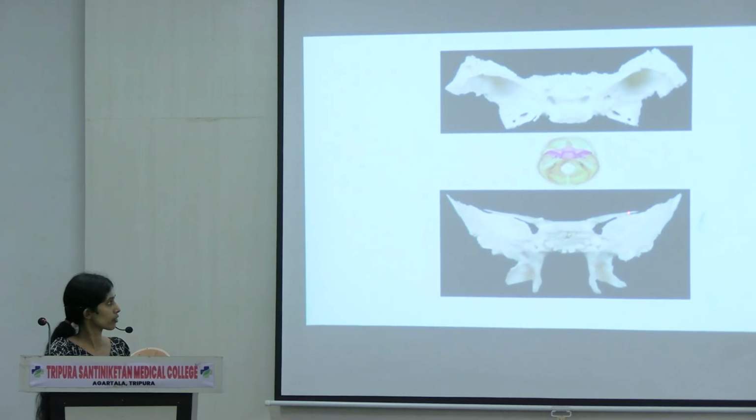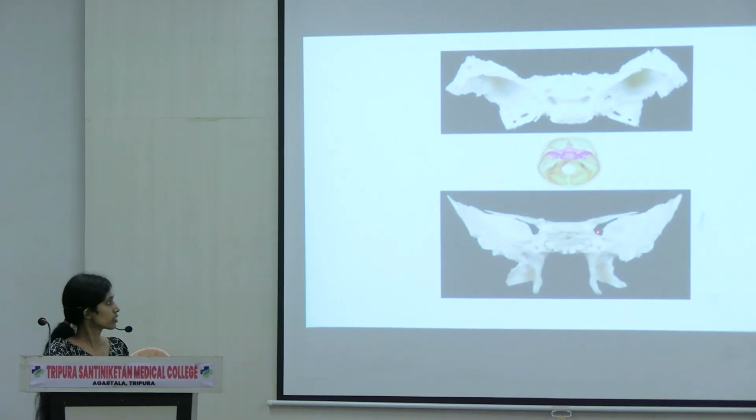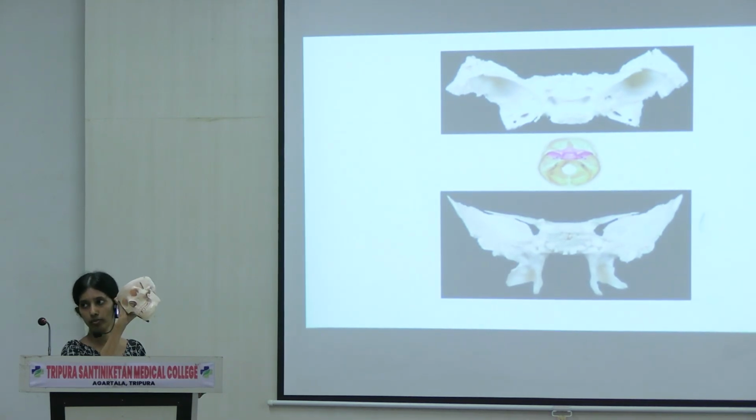I have already mentioned this is the lateral pterygoid plate and this is the medial pterygoid plate. And this opening you are seeing between the lesser and greater wing of the sphenoid bone is called the pterygomaxillary fissure. This is the fissure you can see in this bone.